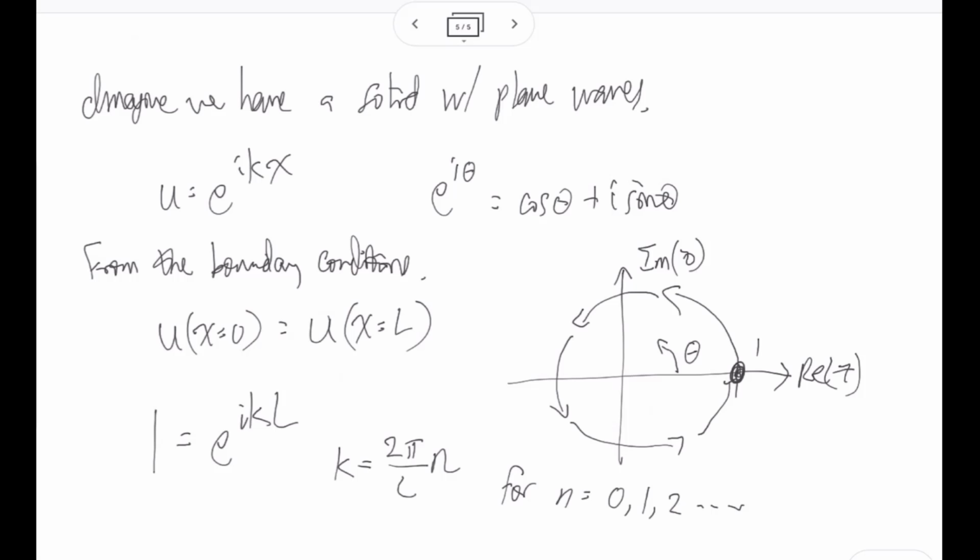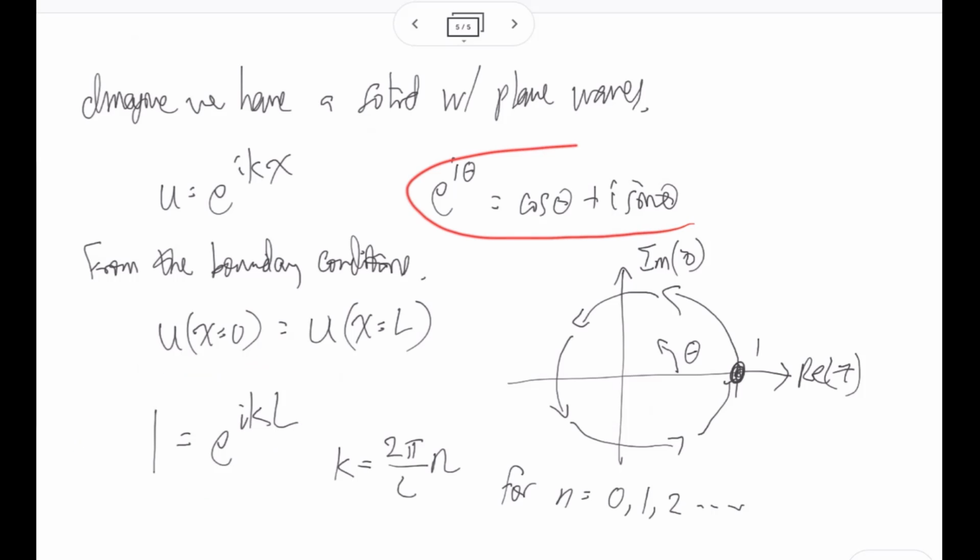All right, just to summarize what we did on this slide, we are looking at a solid with plane waves, and what I'm doing is I'm setting a boundary condition of my solid where the u on the left side is fixed and the u on the right side is fixed, and if you plug this into the plane wave equation, you'll get an expression 1 equals e to the ikL.